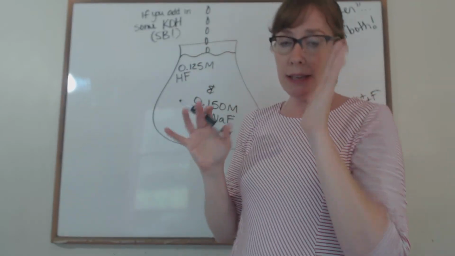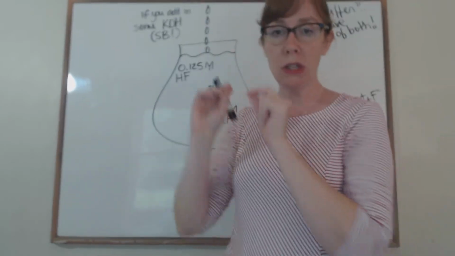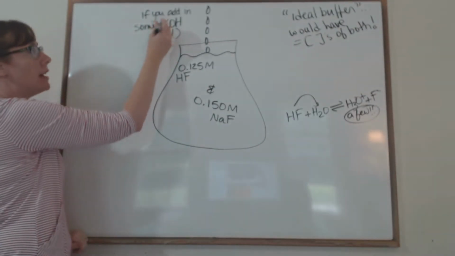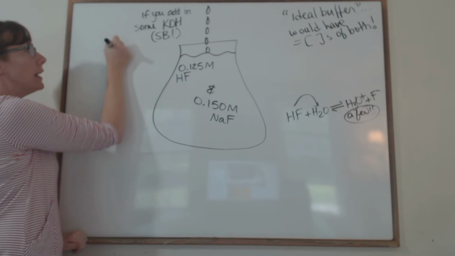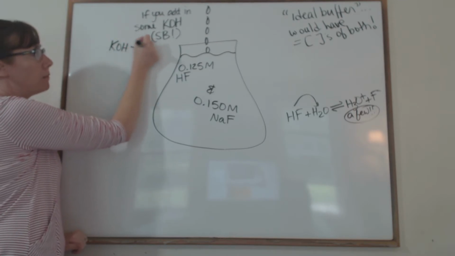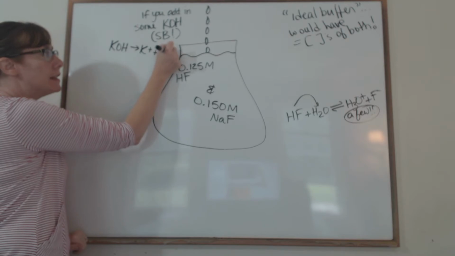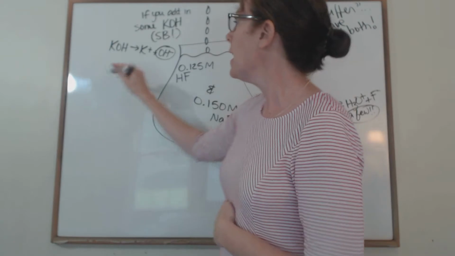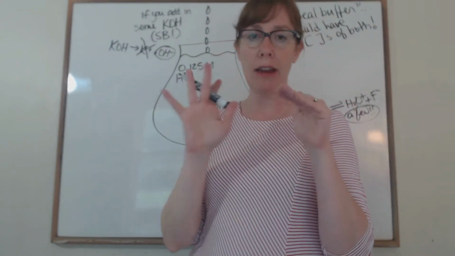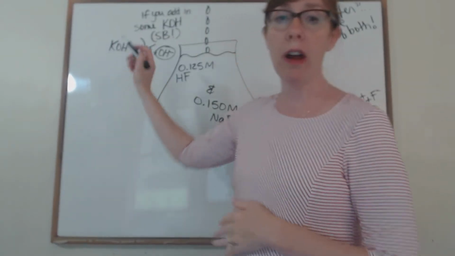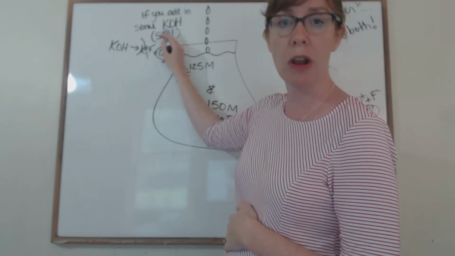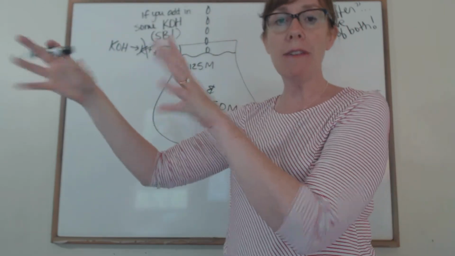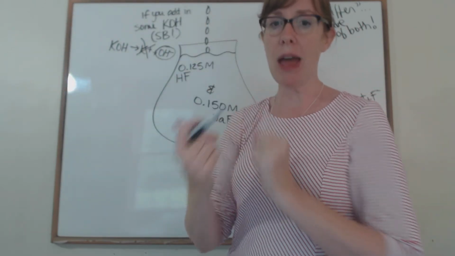Now the one thing about this is that when you are dealing with strong bases in this whole chapter, I highly recommend you understand that all the strong base does is make these hydroxide ions. We talked about that before, it just dissociates. This part of the strong base is not a player. You can completely ignore the front of all strong bases, pretty much for the whole chapter. So when someone adds in potassium hydroxide, pretend the potassium is not even there. Hydroxide is what's reacting, okay?